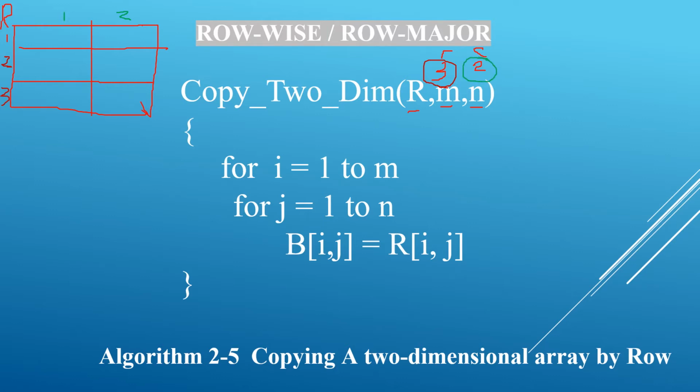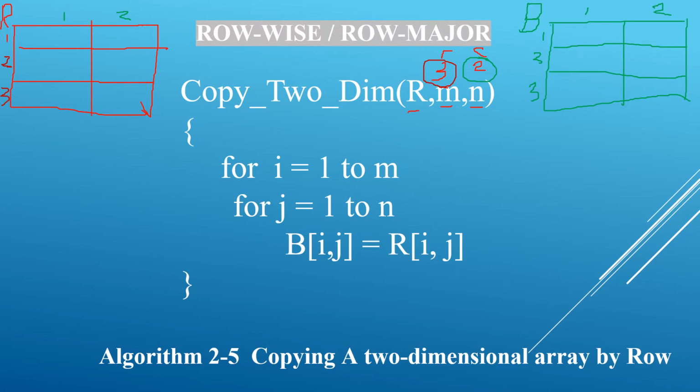Now, if you want to copy the elements, when we copy elements, definitely just like our copying of elements in a one-dimensional array, the same rule follows. Okay, we should have the same size of the array. So we should have another array. So we call it B, wherein the size of the array B is the same size of the array R. So if array R has 3 rows, so array B should have 3 rows. If array R has 2 columns, so definitely we will also have 2 columns for array B. Okay?